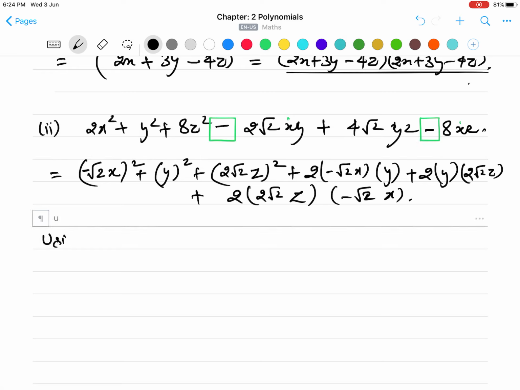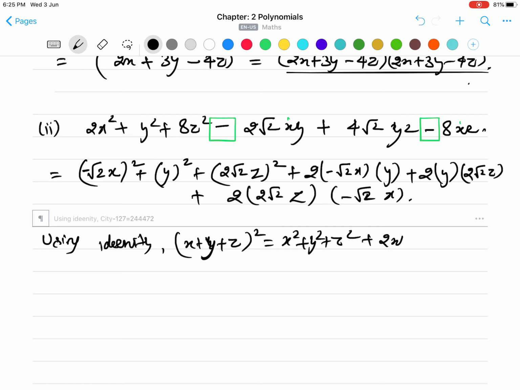Now you can write using the algebraic identity (x plus y plus z) whole square, given by x square plus y square plus z square plus 2xy plus 2yz plus 2zx.